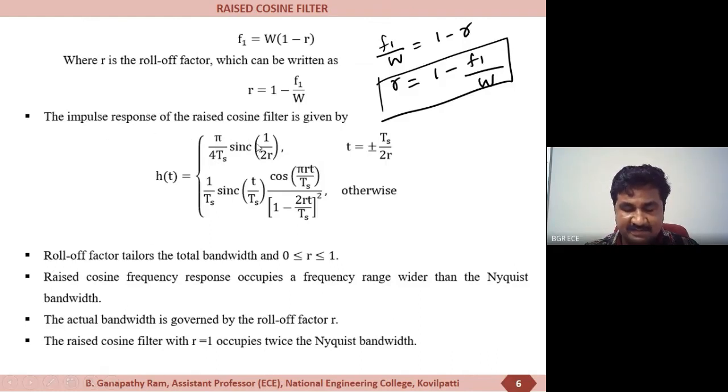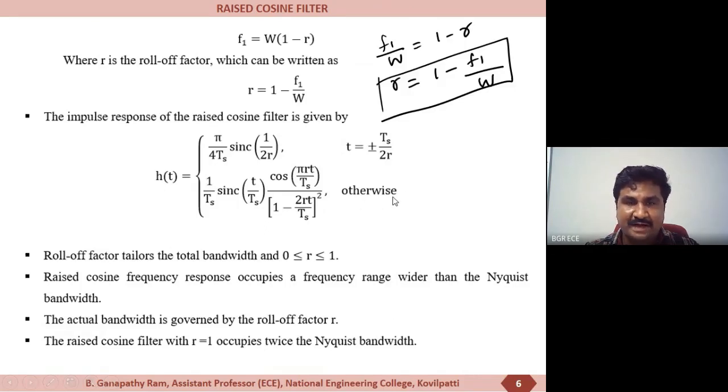So the impulse response of the raised cosine filter is a sinc function between minus Ts by 2R to Ts by 2R, and the sinc function is multiplied by a cosine function other than that particular region.